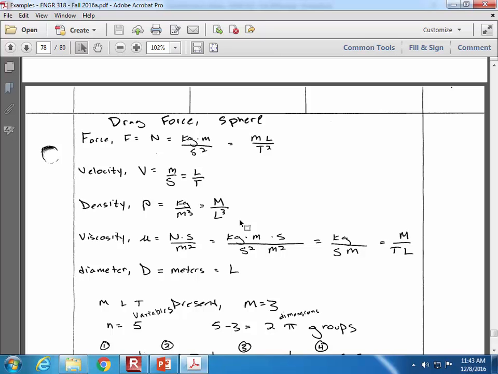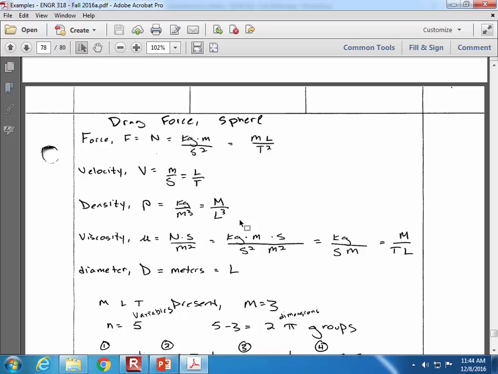Viscosity was mass divided by length times time. And diameter was length. Okay. Draw these lines here so we try and keep things at least a little bit organized. All right, so this is our first step.